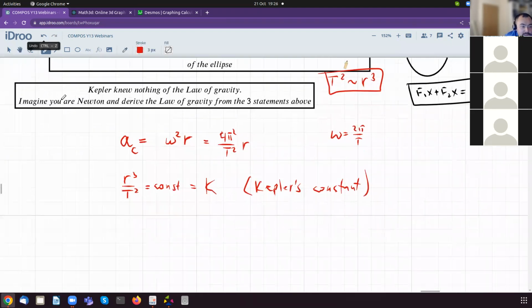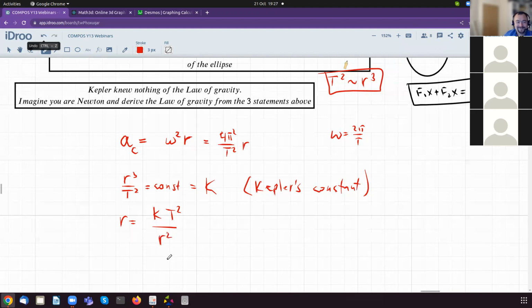So we can rearrange. We can make R equal to Kepler's constant times T squared divided by r squared.